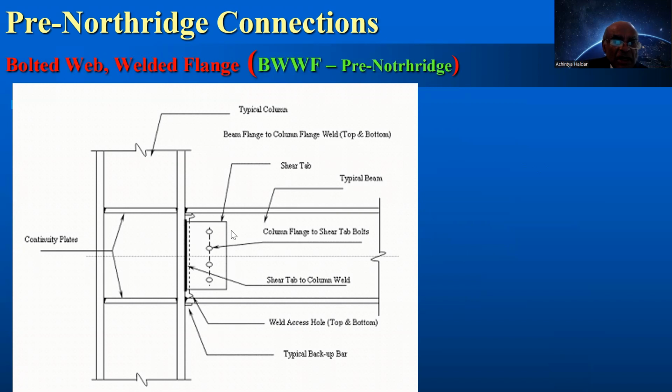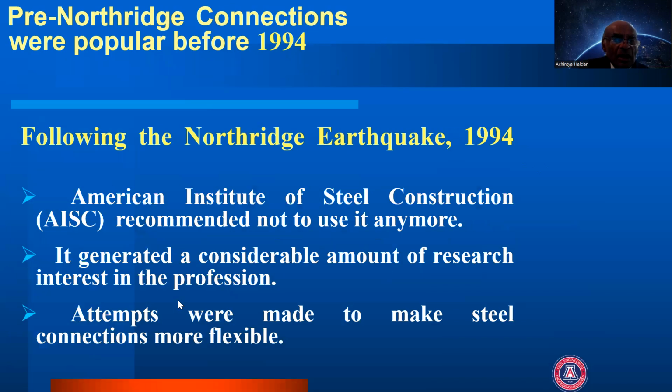And you can see this bottom flange, this part fractured in a brittle manner. Following the Northridge earthquake, American Institute of Steel Construction immediately recommended not to use it anymore. It generated a considerable amount of research interest in the profession.